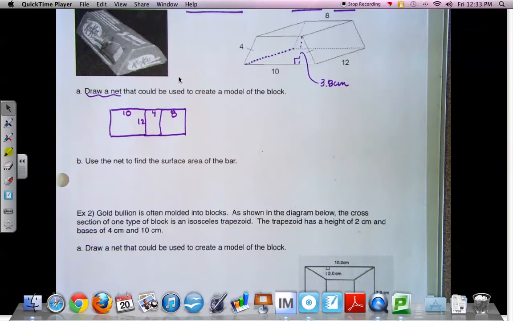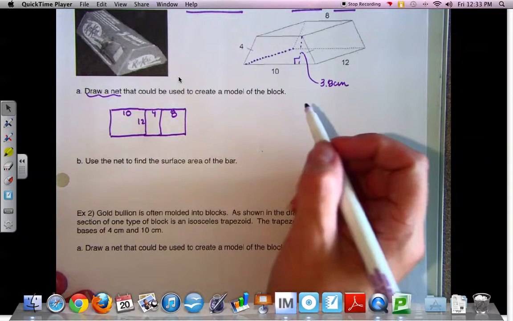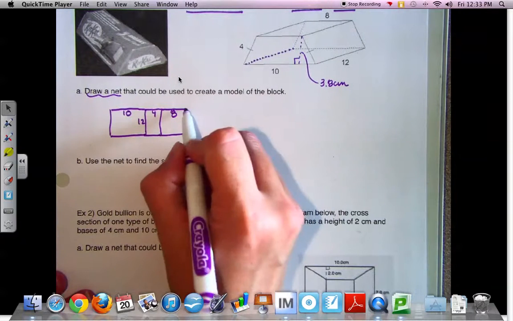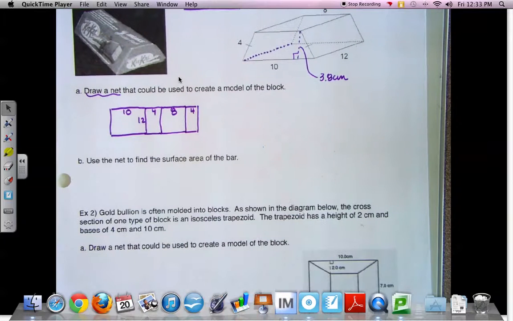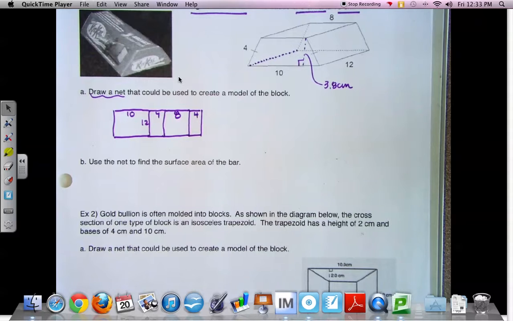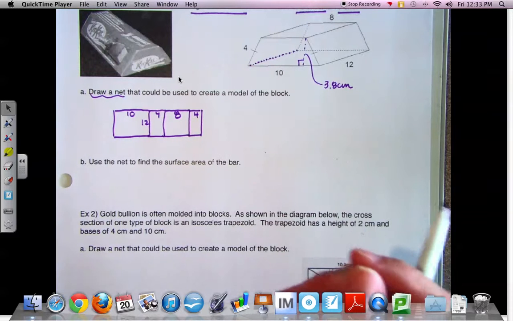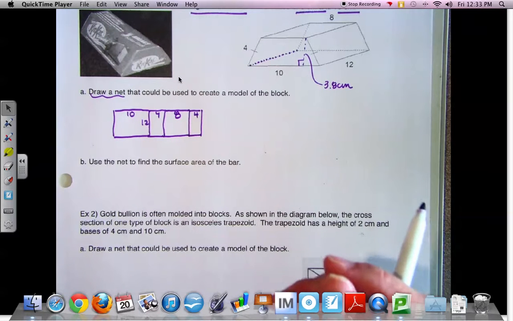And the face on the left-hand side has what dimensions? 4 by 12. So we have all 4. Now what do we have to draw? Trapezoids.